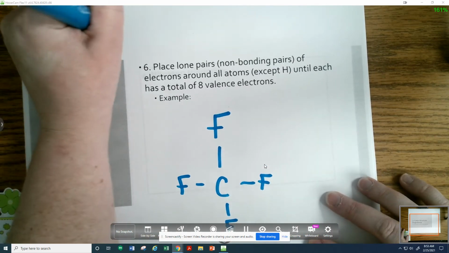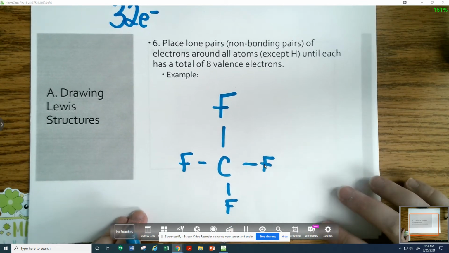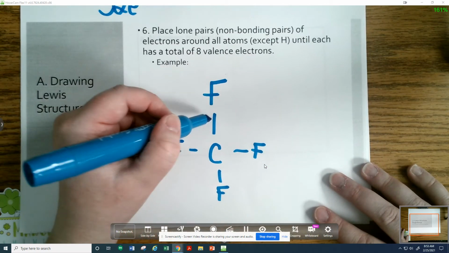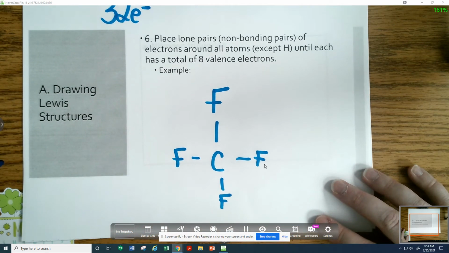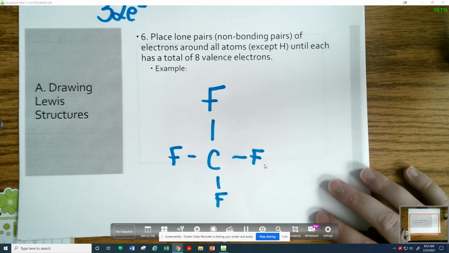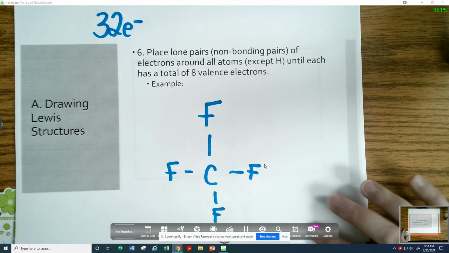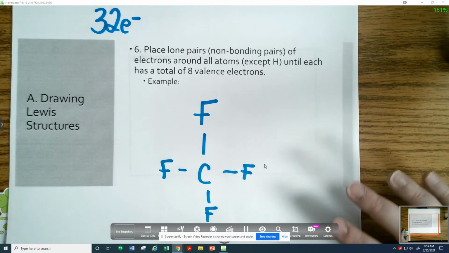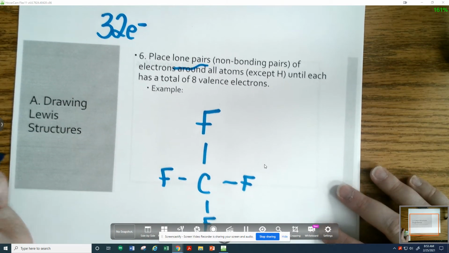What I said at the beginning is we calculated that there's 32 valence electrons available. Right now, we've used 2, 4, 6, 8. So we now have 24 remaining electrons that must be spent. This is kind of like an electron allowance, and all the electrons must be spent. So we're going to add something new to our diagram called lone pairs.